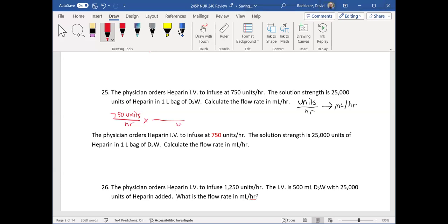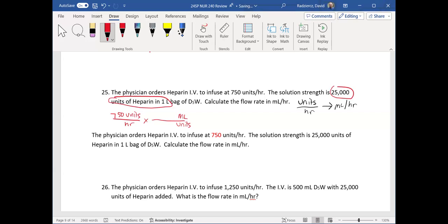In order to do that, I need a way to convert units to milliliters. It just so happens that this patient is hooked up to an IV solution. The IV solution is 25,000 units of heparin in a 1 liter bag. So I'm going to use that information to convert units per hour to milliliters per hour.